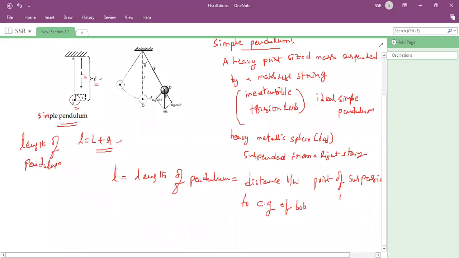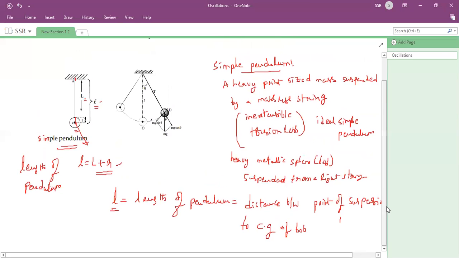You can see here, from point O to the point of suspension, this point A, that is the length of the pendulum, defined with small l. If you want the length of the wire, it is capital L plus the radius.